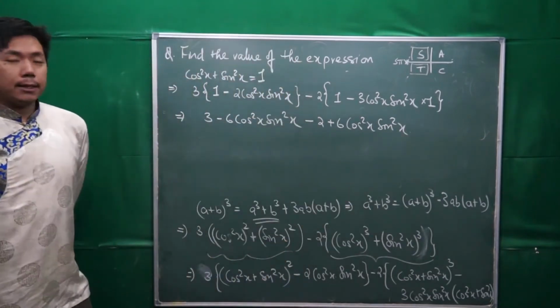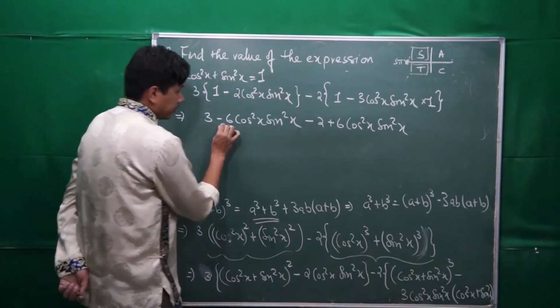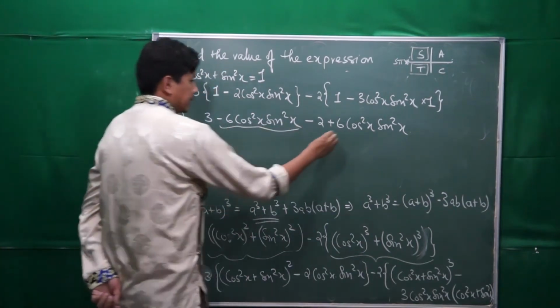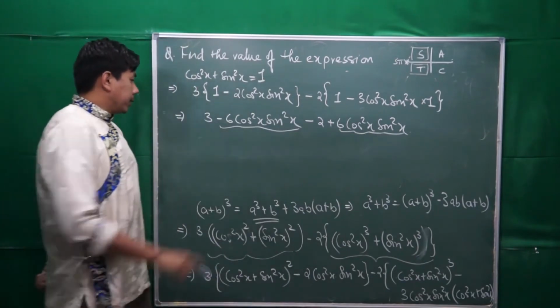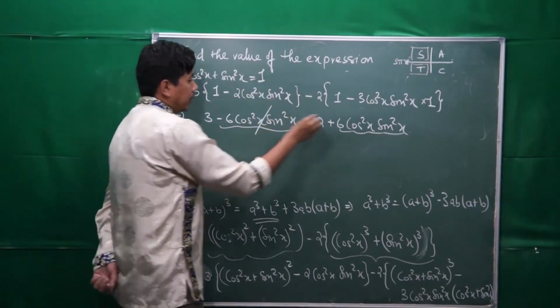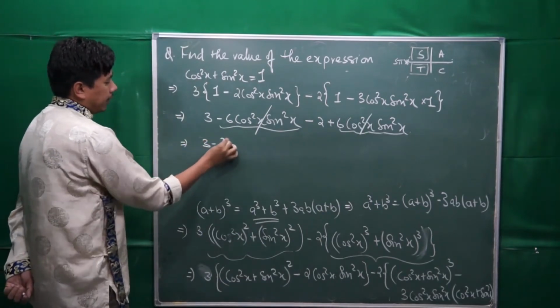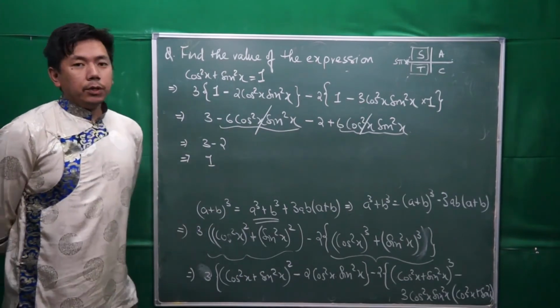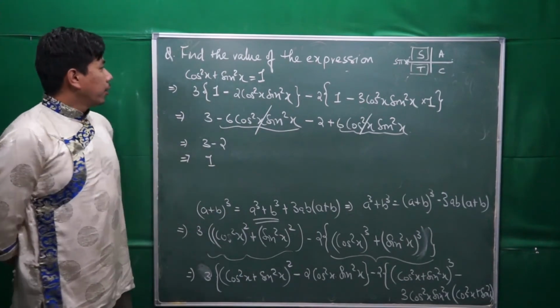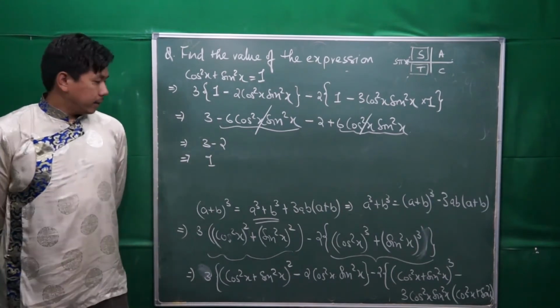So from here you can see that 6 cos square x sin square x and 6 cos square x sin square x are like terms with a different sign. So they will cancel out and we are left with 3 minus 2, which is equal to 1. So the value of the expression comes out to be 1.